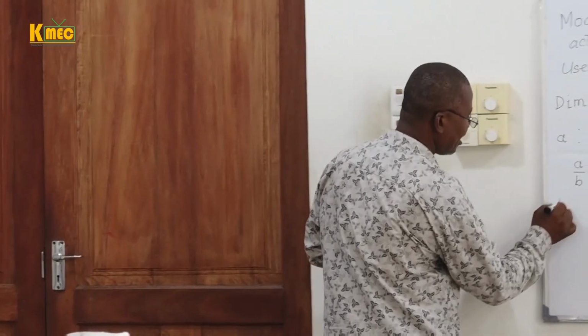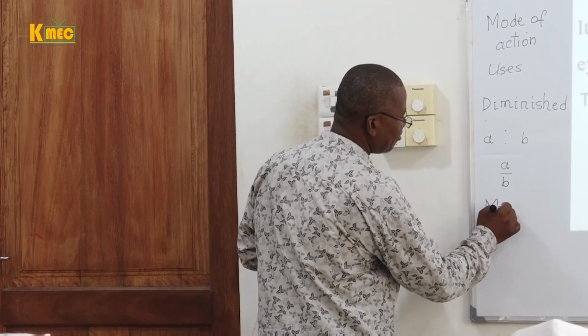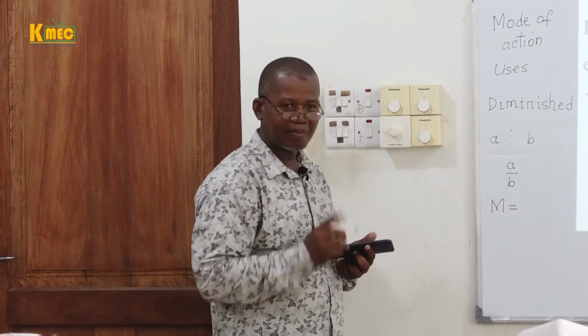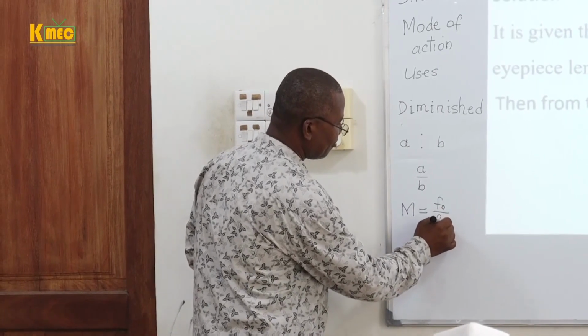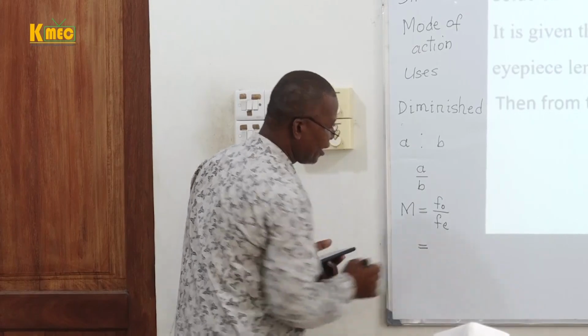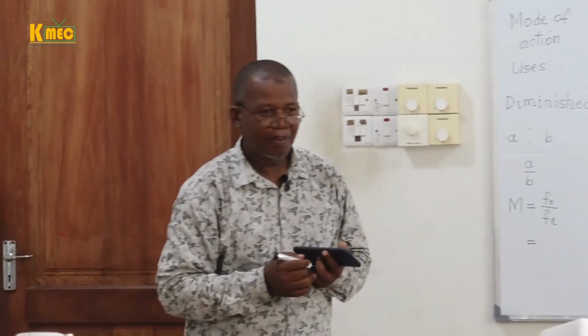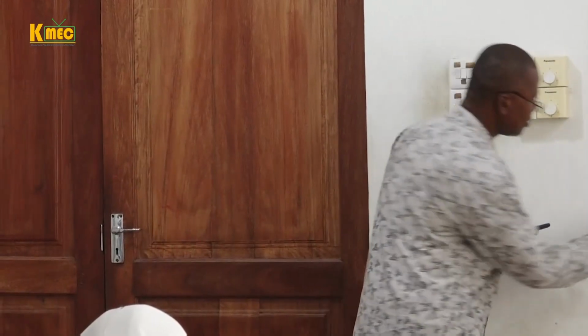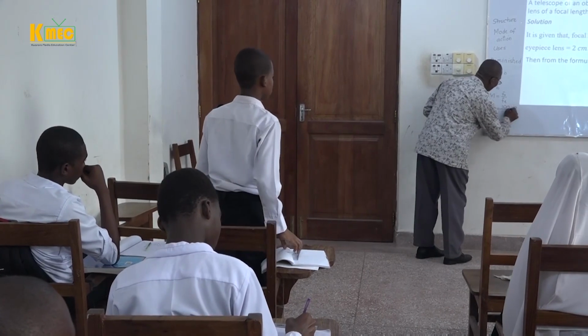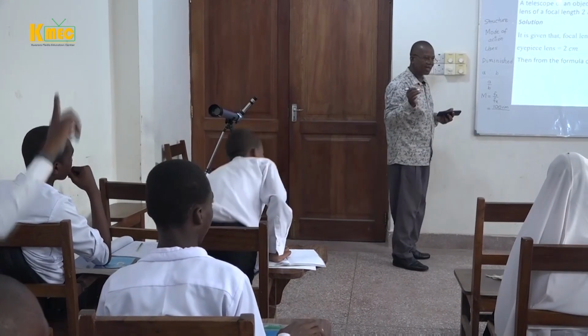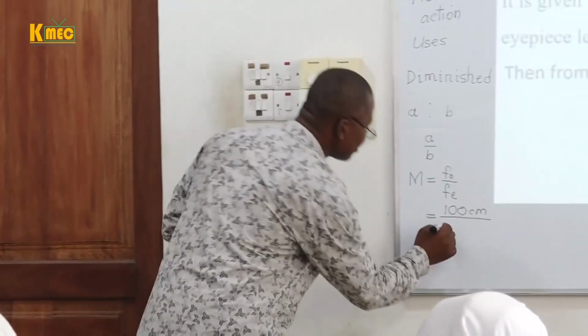According to the given, magnification is equal to F naught over Fe. What is the value of F naught? 100 centimeters. What is the value of Fe? 2 centimeters.